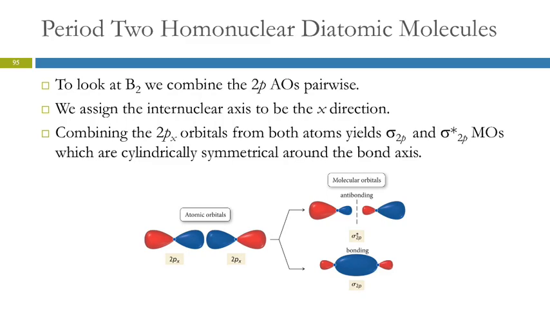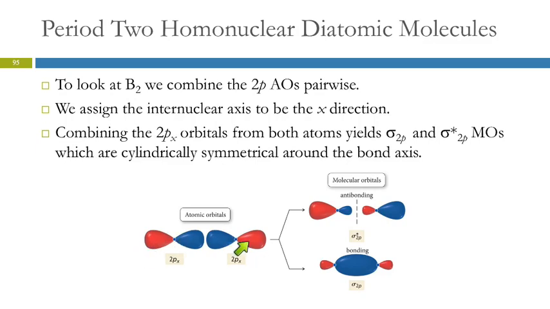So if we get to boron, now we have to look at the p orbitals. So let's look at 2p orbitals, the px, in both of these atoms. P orbitals have two lobes, one with a positive phase, one with a negative phase.